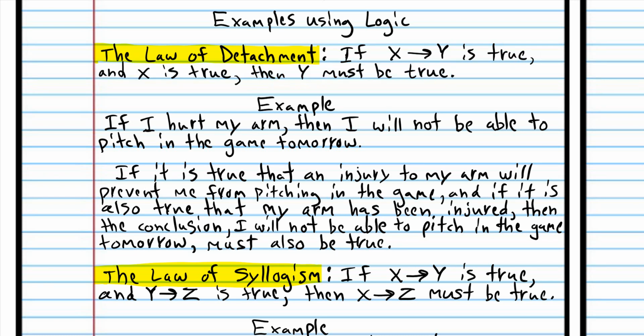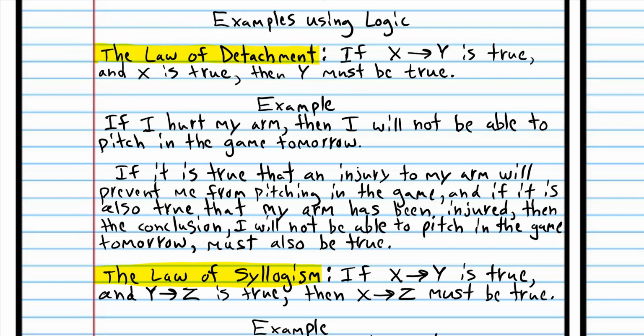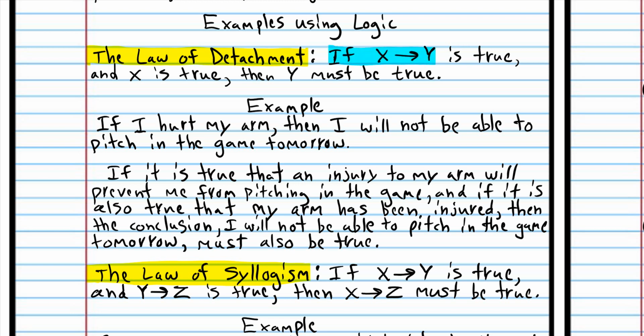Now I know what you're thinking. You're thinking that's obvious, isn't it? Well, yeah, it actually is pretty obvious. This is one of the most basic forms of deductive reasoning, the law of detachment. That's just basic logic. So if an injury will keep me out of the game and I got injured, then I'm going to be out of the game.